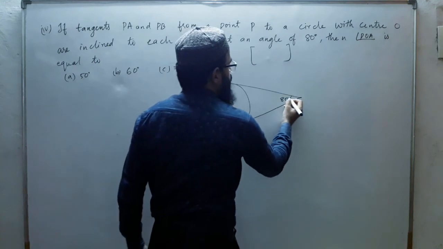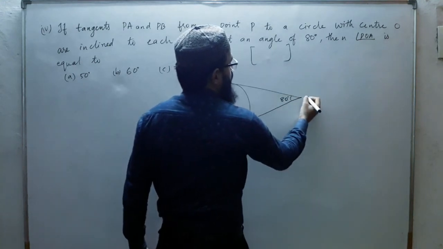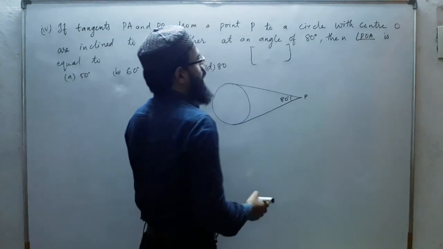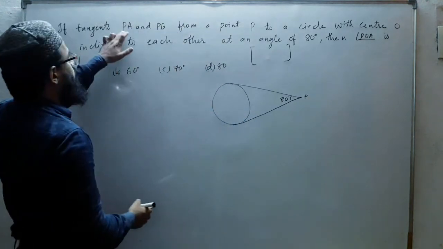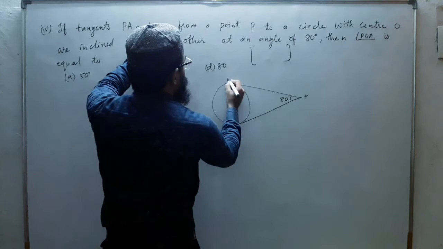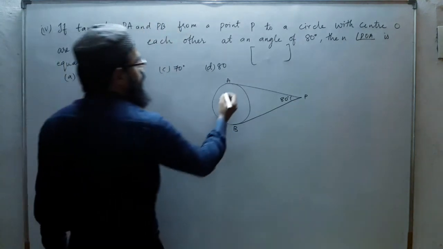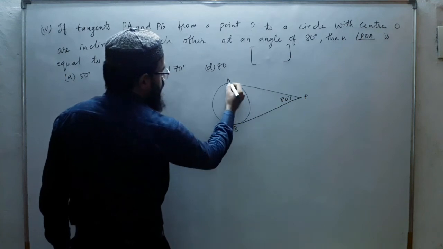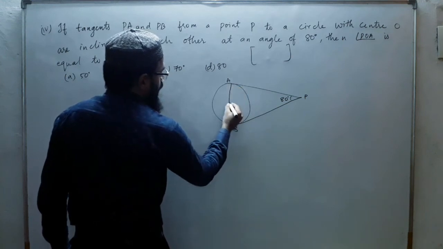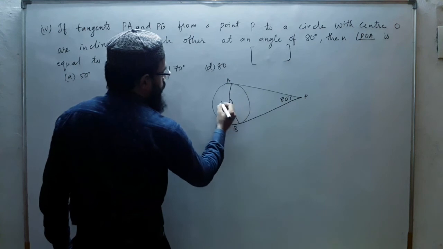So this angle is 80 degrees. Let it be P. PA and PB are two tangents. Then angle POA, O is the center. So angle POA we have to find.